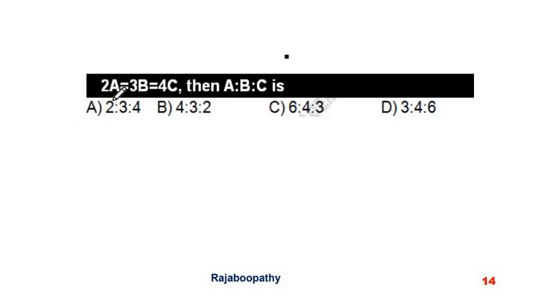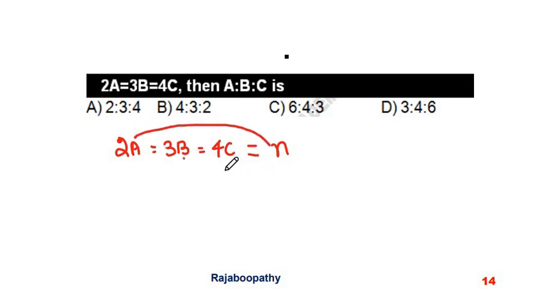So 2a equal to 3b equal to 4c. All are equal, therefore I am going to take this as some number n. Any number you can say. So 2a equal to n, 3b equal to n and 4c also equal to n.